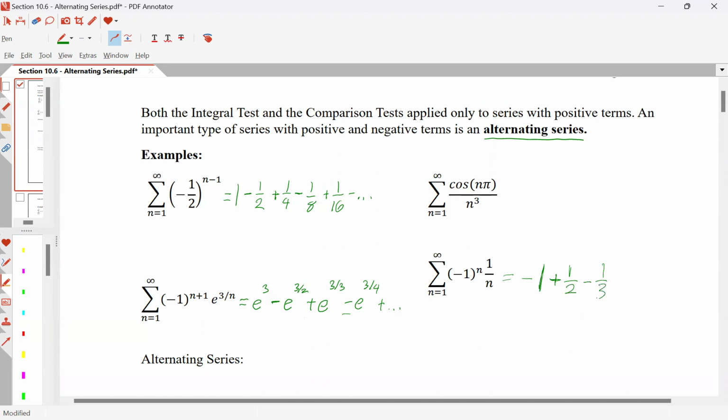Then -1/3 plus 1/4 minus 1/5, and so on. This series has a special name as well, which we'll talk about a little bit later, but it is known as the alternating harmonic. It is the harmonic series, the series of 1/n, but that (-1)^n is making it switch back and forth. So this is known as the alternating harmonic.